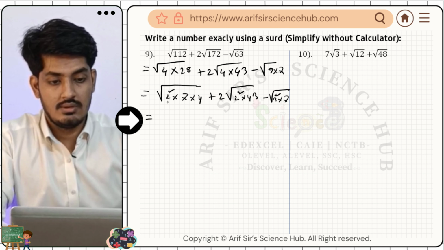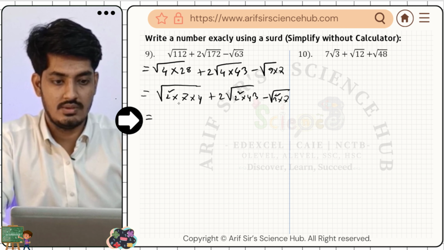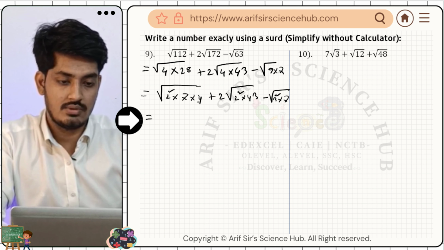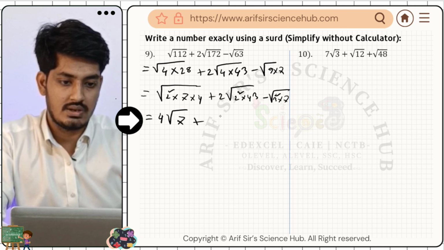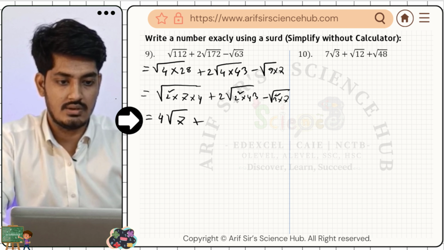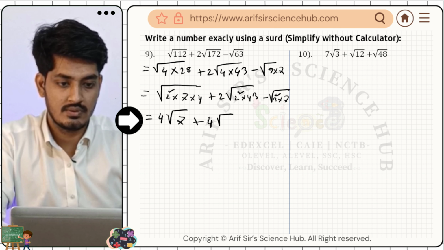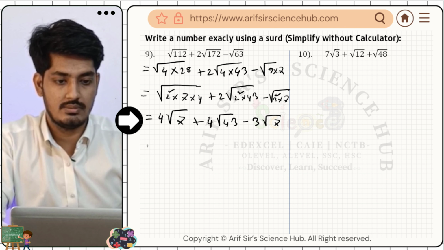So easily we can bring this 2, and this 4 should be 2 square. Then we can directly write 4 here and square root 7 plus, we can bring this 2 square from the square root. That means 2 into 2 is equal to 4, square root 43 minus 3 square root 7.